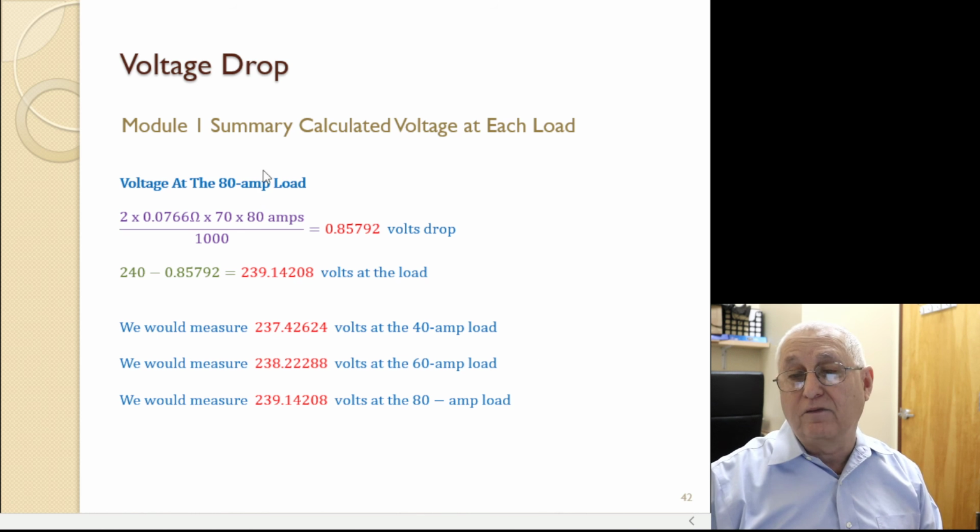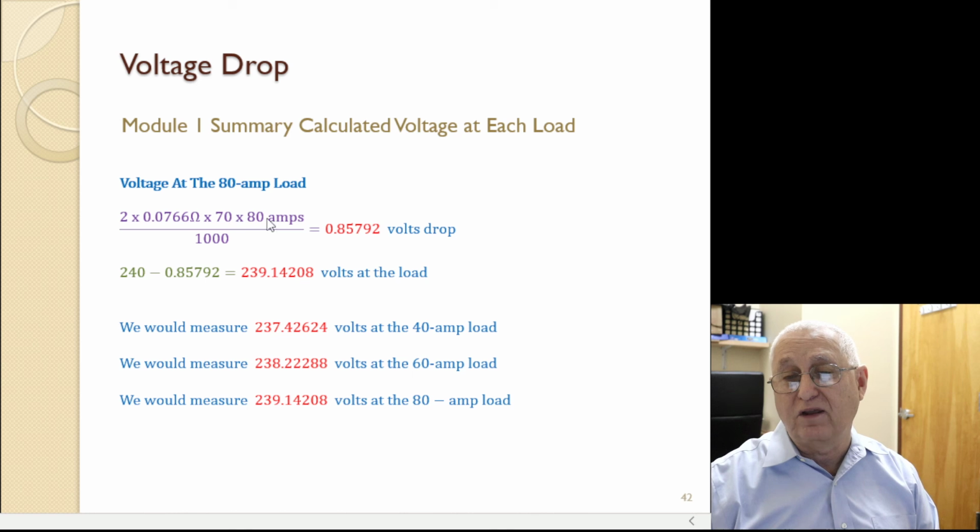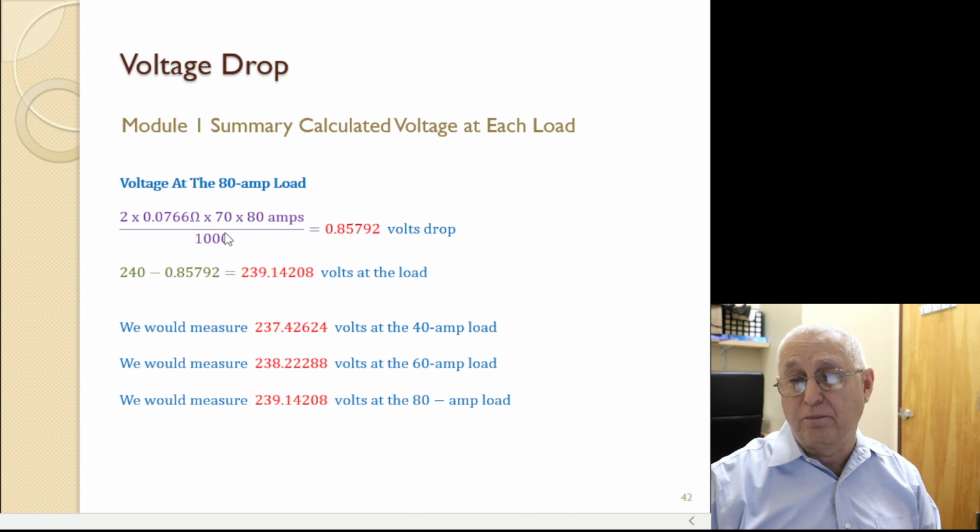And then finally, for the 80 amp load, it's just 2 times the wire resistance, 0.0766 ohms, times 70 feet times 80 amps divided by 1,000, which equals 0.85792 volt drop. 240 minus 0.85792 gives us 239.14208 volts at the load.